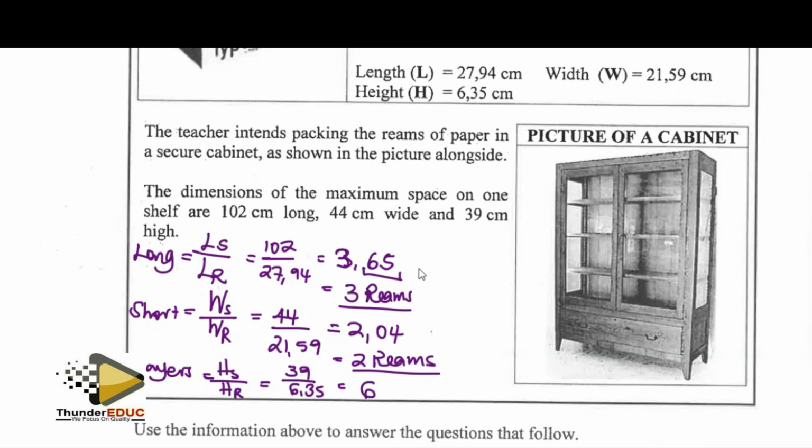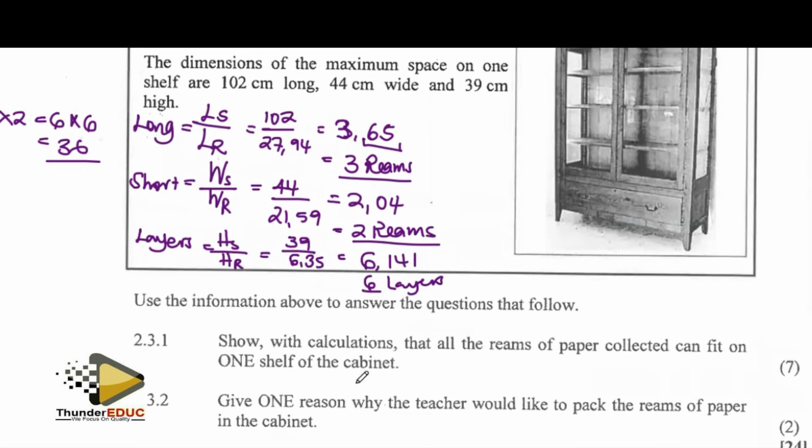So we shall need 6 reams. Oh, sorry, 6 layers. These are 6 layers. So all in all, if we have 3 reams on the long side by 2, those are 6 reams in 6 layers. Each layer has 6. There will be 36. Indeed, 36 reams will fit.